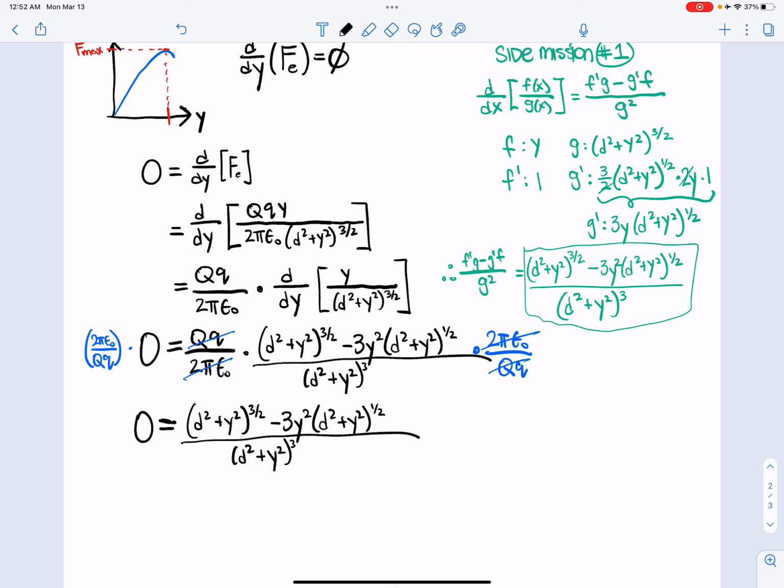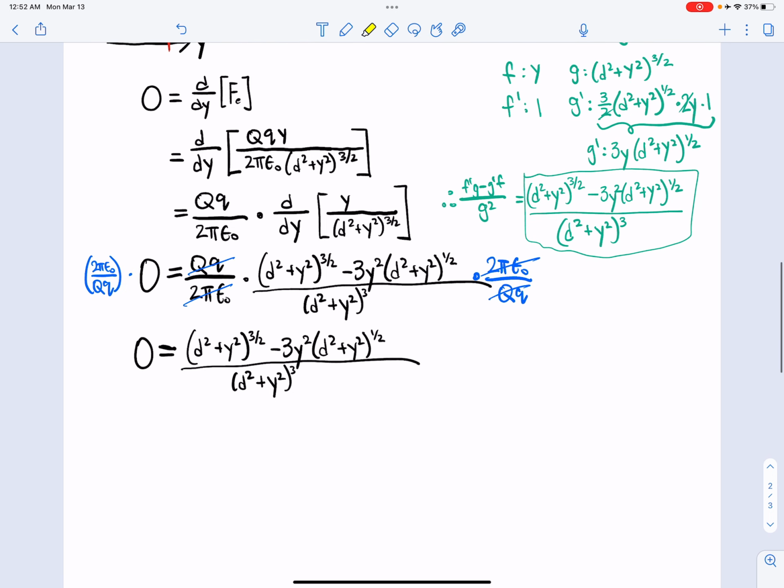So I just multiplied both sides by the reciprocal of this just to cancel that out, take out my constant, which I did here, all right? Awesome. So I'm going to split this into 2 terms.